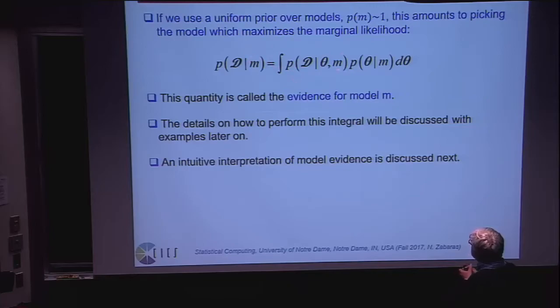Do you agree that this integral of the likelihood times the prior in the parameter space is the marginal likelihood, from Bayes' rule? We never used it up to now because you don't need it for the things we have done. But in the context of model comparison and selection, we will need to calculate this marginal likelihood.